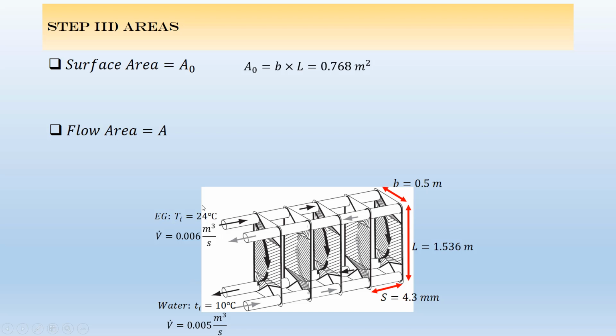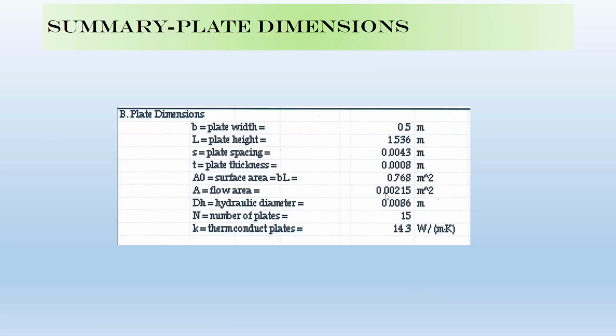But the flow area is actually S times B. Look, actually fluid flows in this part. So it's the distance between two plates times plate width. So by using B and S, you can find the flow area. So we have two different areas. Here we can see the summary of this part. So we have all dimensions. Also, you can find the thermal conductivity, which is 14.3 watt per meter Kelvin.